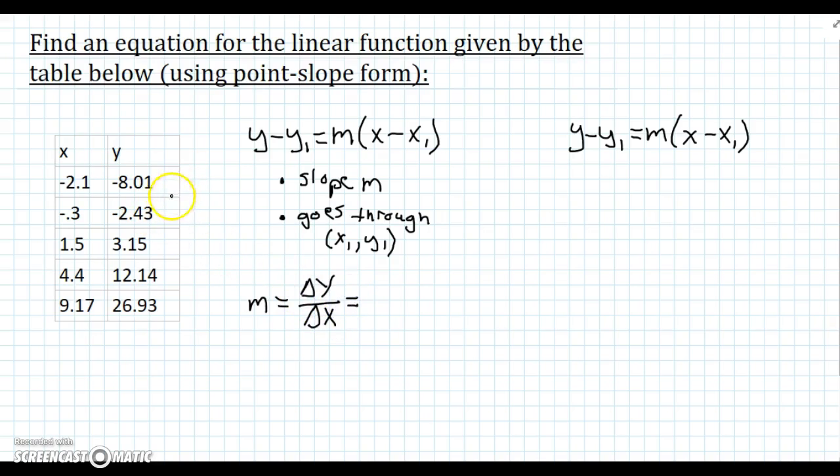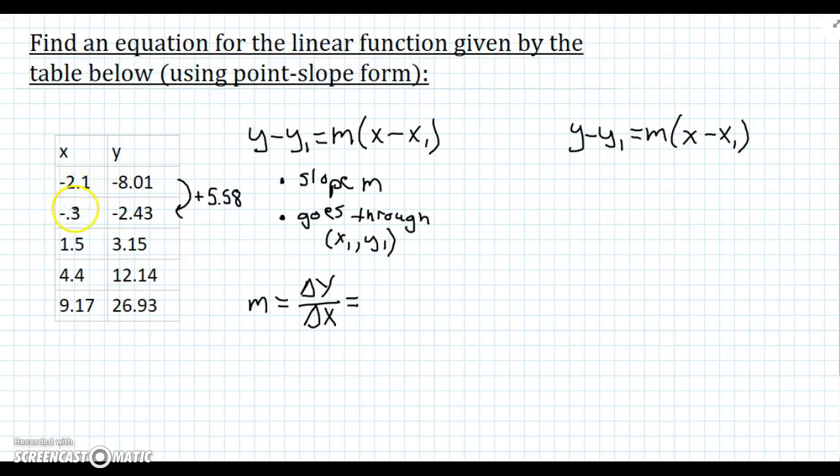For our table, we did this earlier, but since we found out that all of these have the same slope between all the points, we really only are going to have to show this for one. So this one, between this y and that y, goes up 5.58 units.